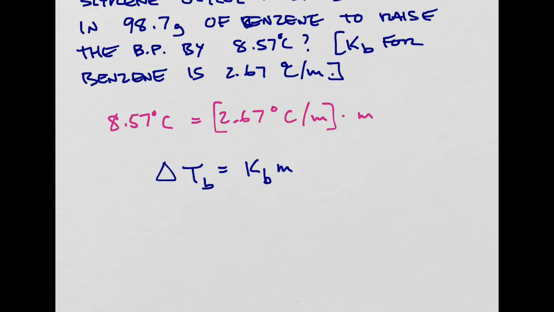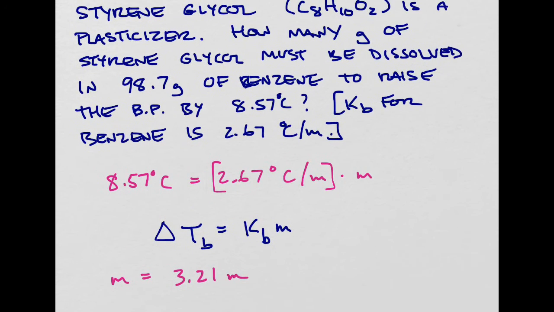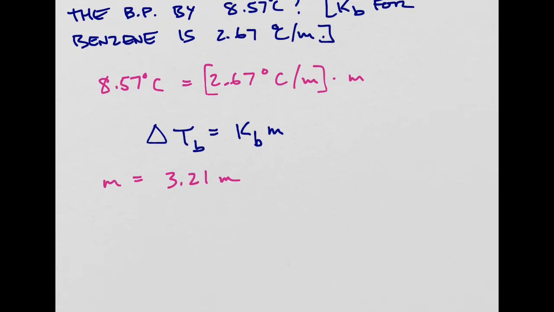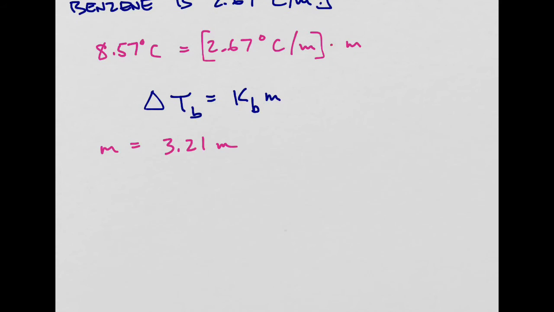So when I throw this into my calculator by solving for molality, I get 3.21 for my molality. And don't forget here that molality is the number of moles over the number of kilograms. So it would be equivalent to writing 3.21 moles of the what is this stuff?